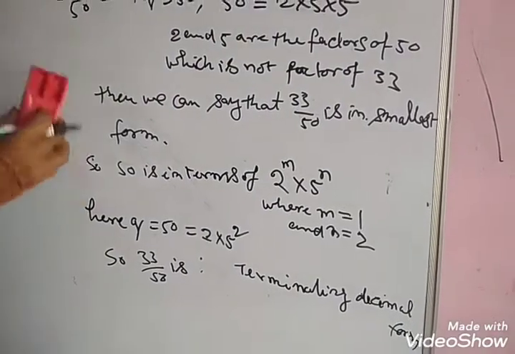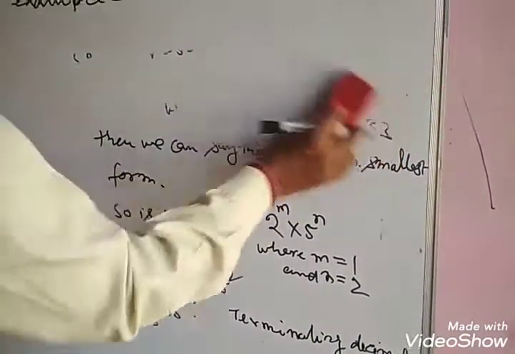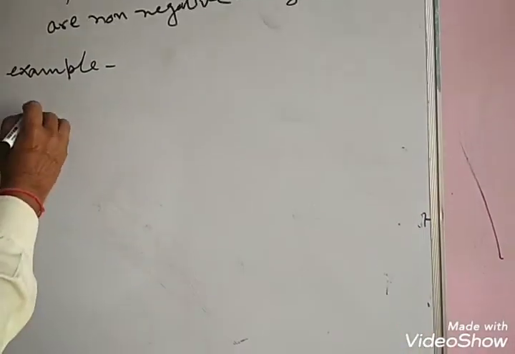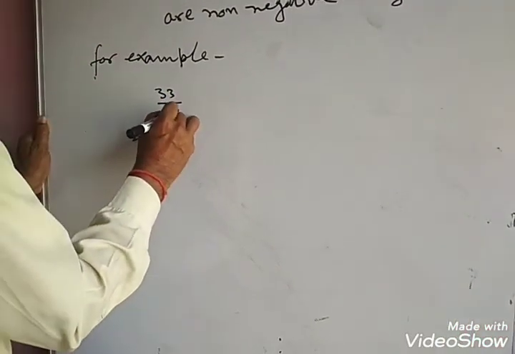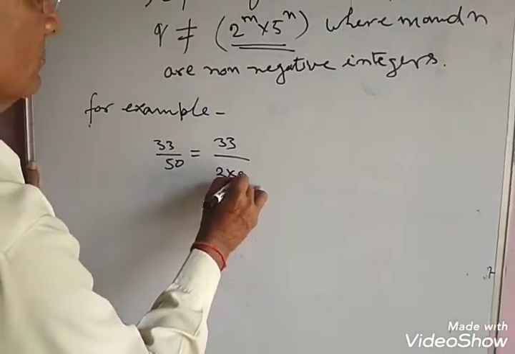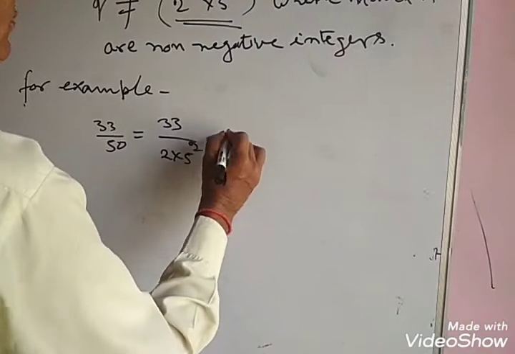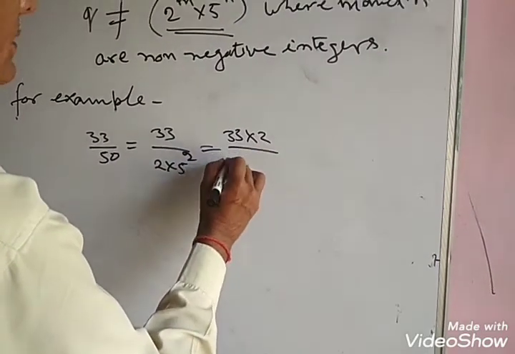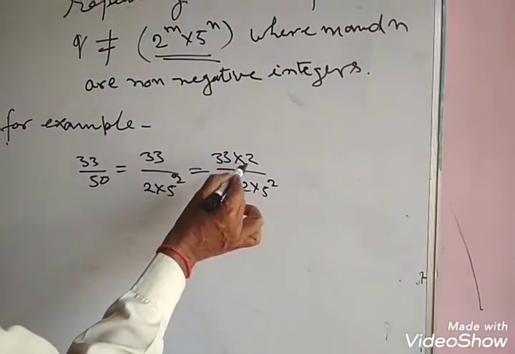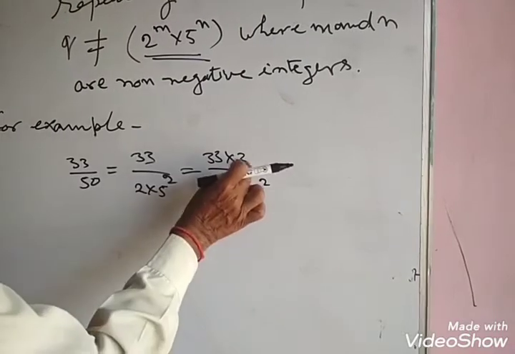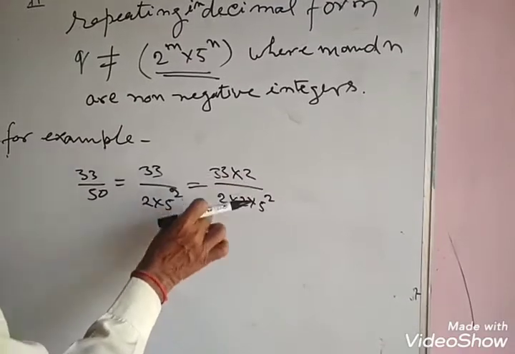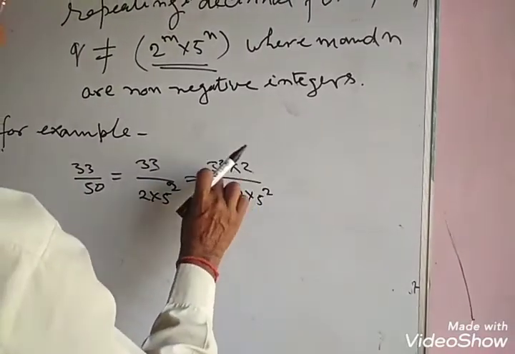Also, you can see 33 by 50 is 33 by 2 into 5 to the power 2. It is equal to 33 into 2 by 2 into 2 into 5 to the power 2. Here we have multiplied numerator and denominator by 2, so the value remains the same.